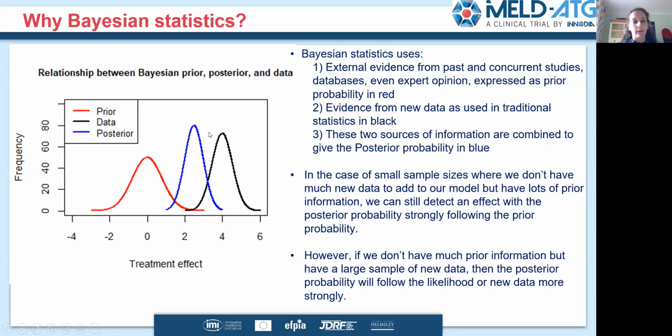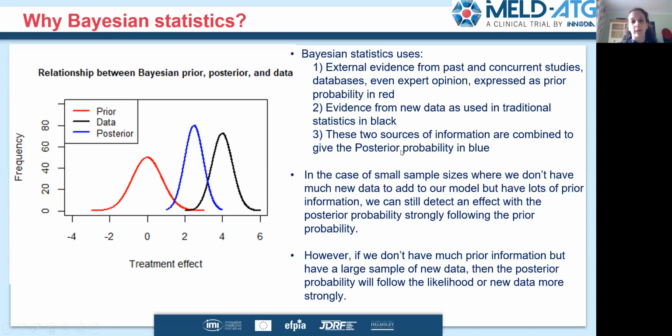And on the y-axis, I'm showing you the frequency of seeing that treatment effect within the prior curve, the red curve, the data curve, the black curve, or the posterior curve, the blue curve. So Bayesian statistics uses external evidence from past and concurrent studies, databases, or even expert opinion, which is expressed as a prior probability, or your red curve.